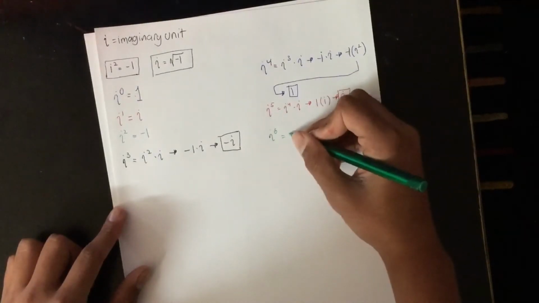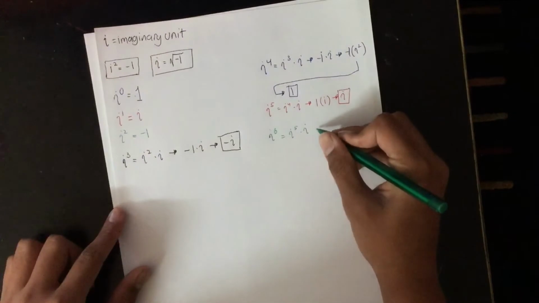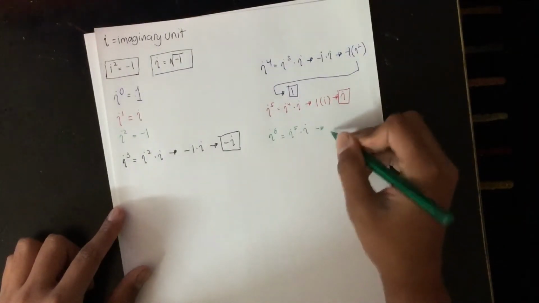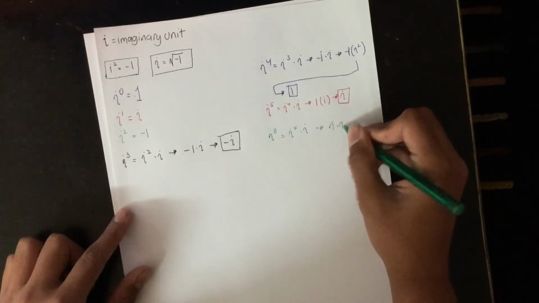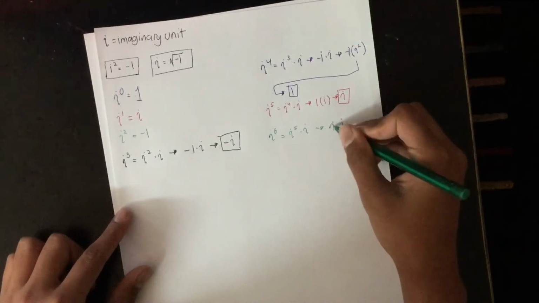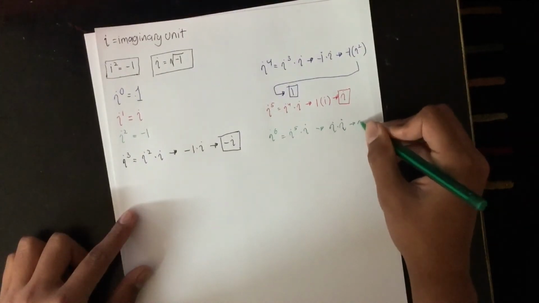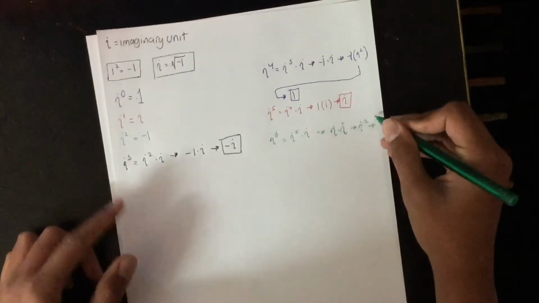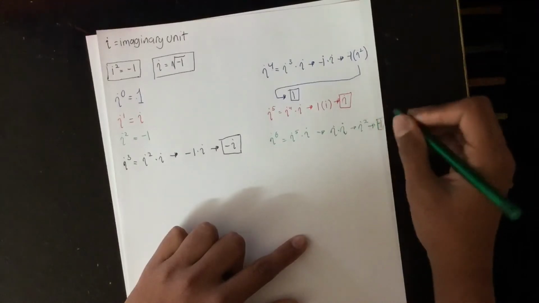This is i to the power of 5 times i. i to the power of 5 is equal to i, and then you multiply it by i. So i times i is i squared, which is equal to negative 1. Negative 1 is our final answer.